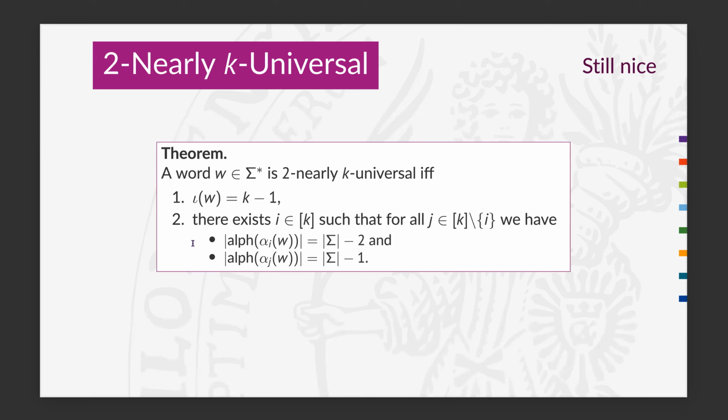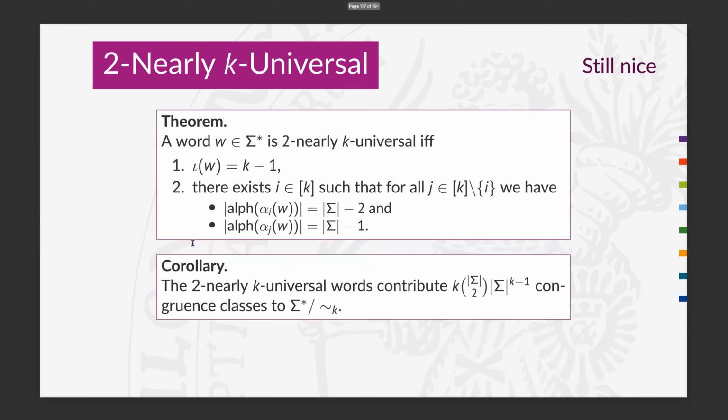We know exactly one alpha I is missing 2 letters, and all other alpha J are missing exactly 1 letter. Then you have a 2 nearly K universal word. Here we have so many congruence classes: K times the cardinality of sigma over 2, and then the alphabet to the K minus 1, different classes.